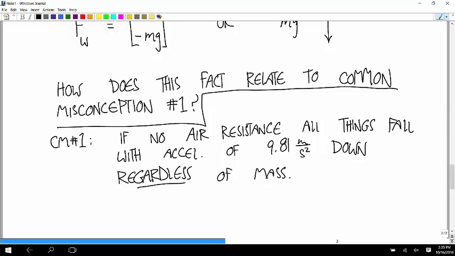That's the true version, right? Talking about common misconception number 1 led us to this result.